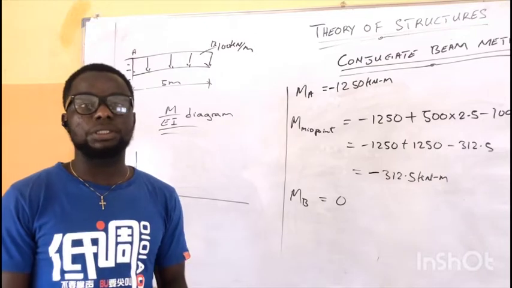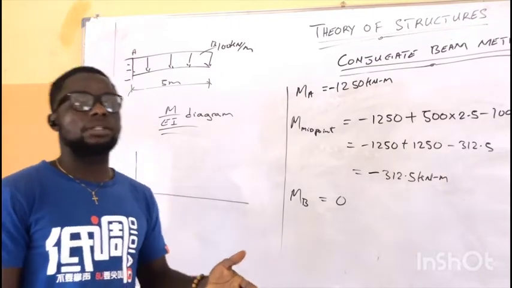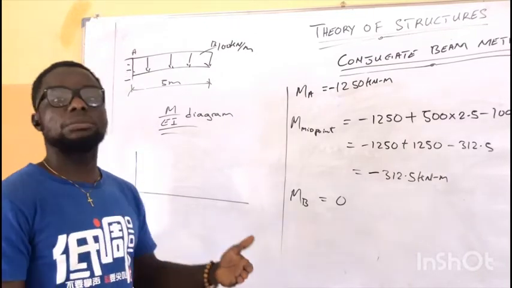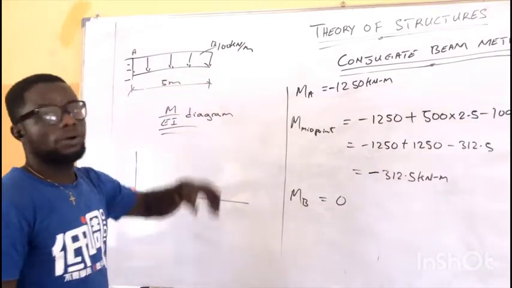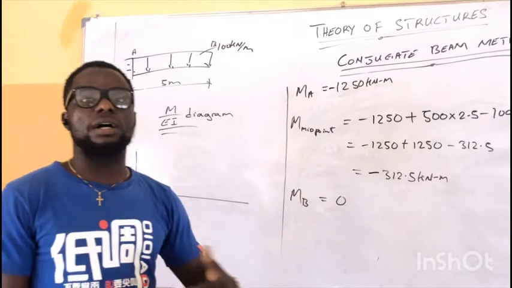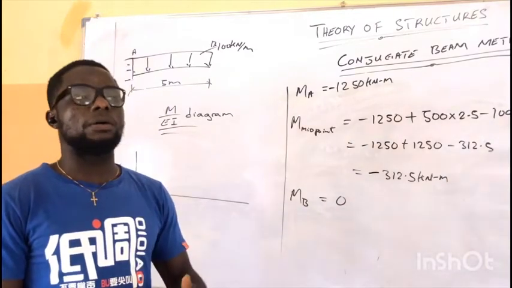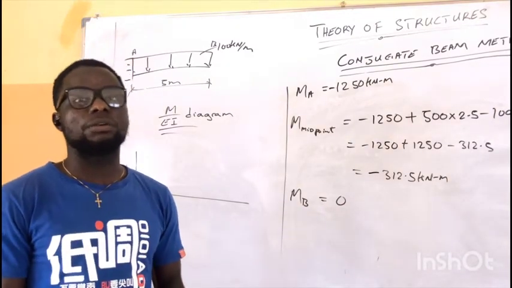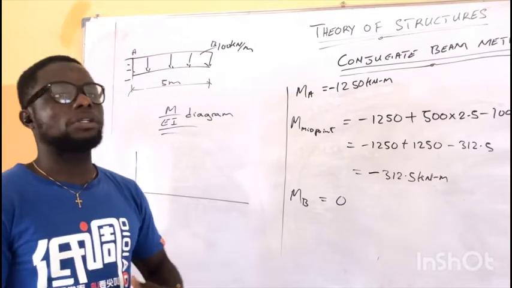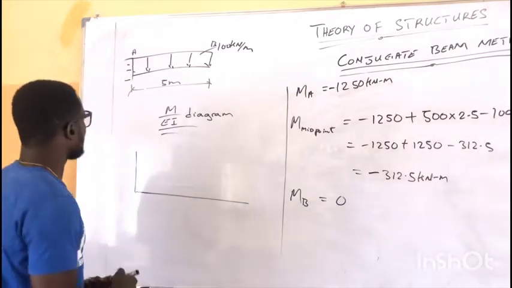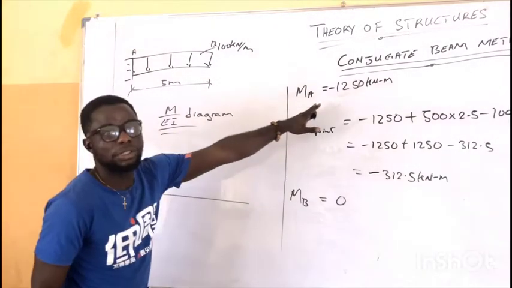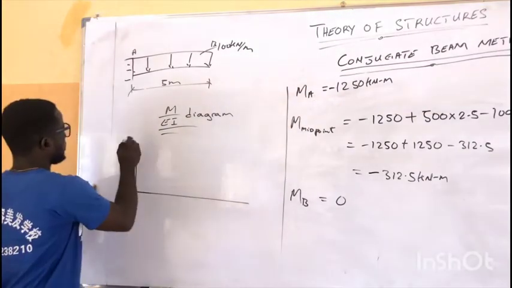When you have a point load, and also when you have a varying load, how does the bending moment diagram look? For a UDL, you will have a quadratic curve, and the curve can be concave and convex at the same time. So we have at point A to be this.